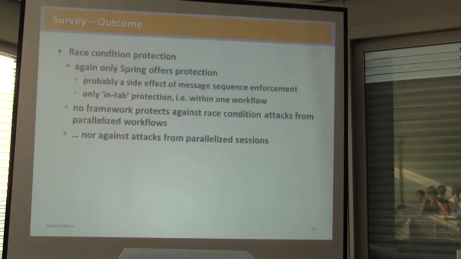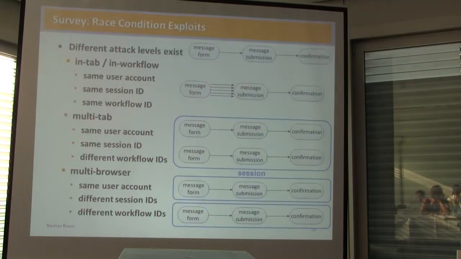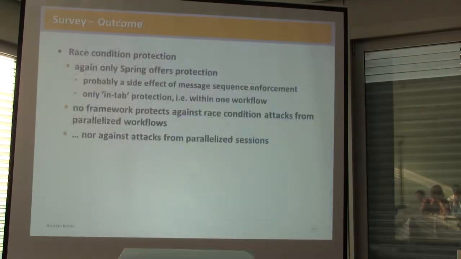Having this in mind, the only kind of protection that we found was again by Spring against the in-flow or in-workflow attack, the first kind, this one here. And this is probably more a side effect of the message sequence protection, because we needed to append the same flow execution key and the same event ID.